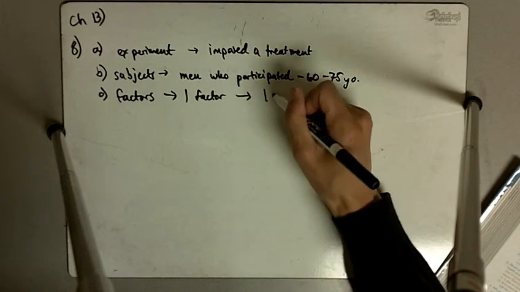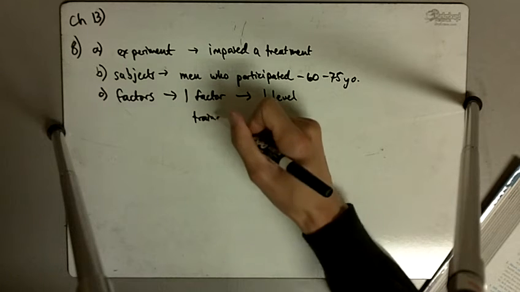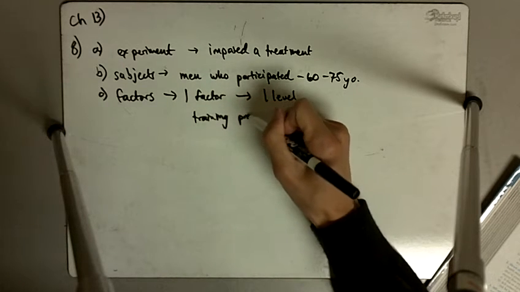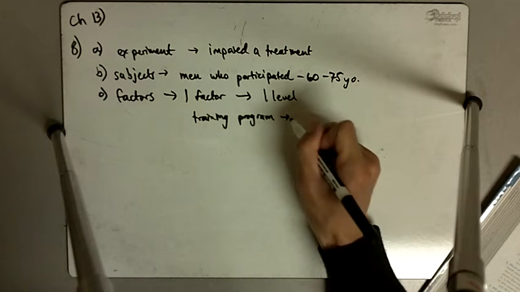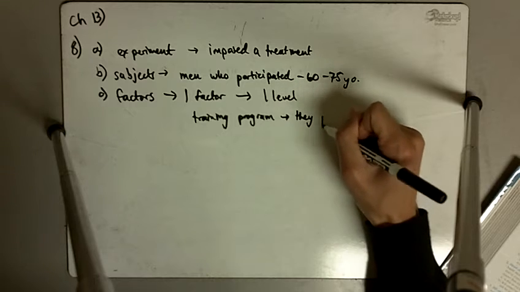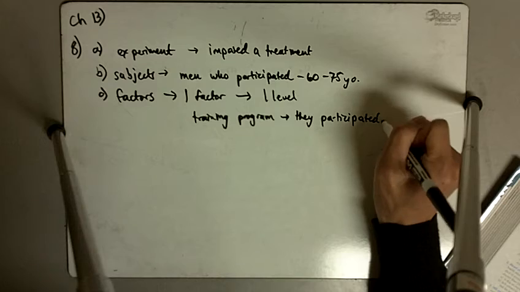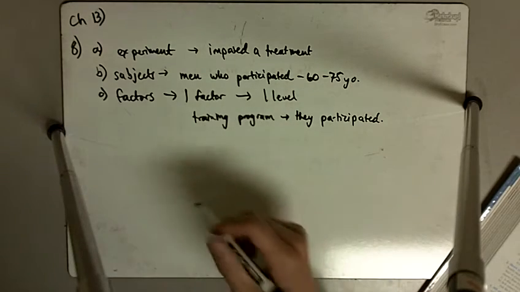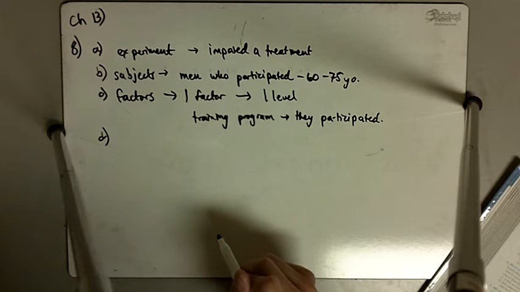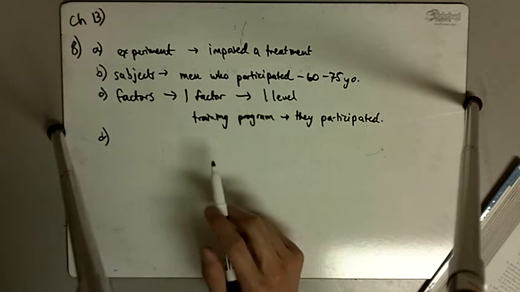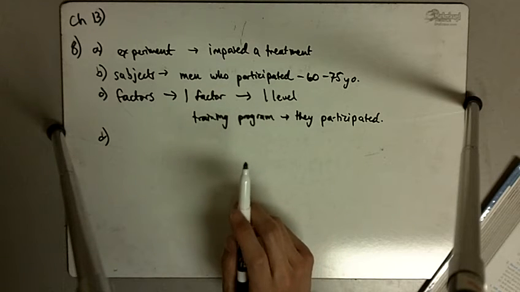So it's one factor and one level, and that factor is training program and that level is they participated. It seems a little weird, but that's what we have. So we don't really have a control. We just have one factor and everyone's at the same level. They're all just participating here.